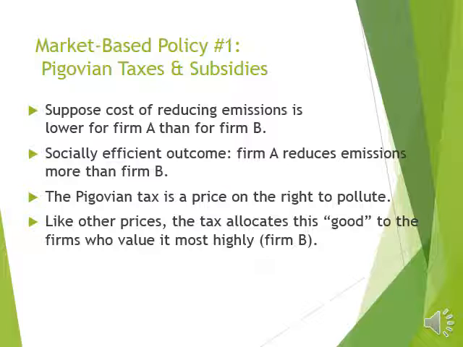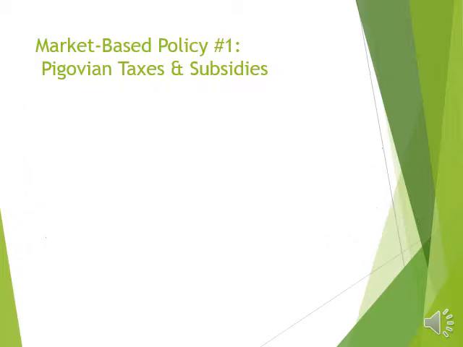And there will be a point where they say it's no longer worthwhile us trying to cut emissions. We will just pay the Pigovian tax now for what we're polluting. And so you get to a more efficient outcome.